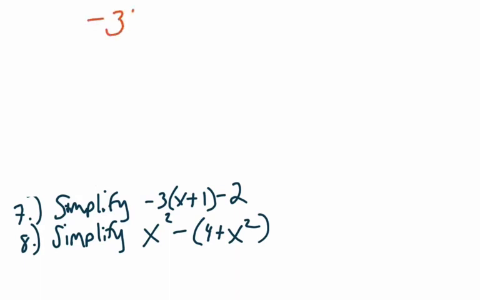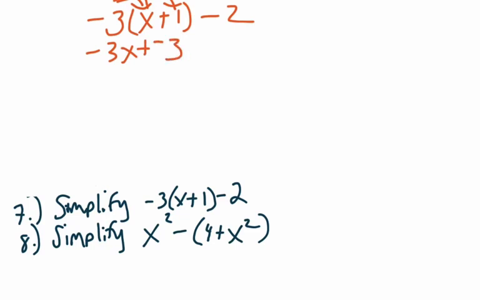So for this first one, we have negative 3 times x plus 1, and then we have minus 2. So when I go to distribute, negative 3 times x is negative 3x, negative 3 times 1 is negative 3, and then I'm going to change this over to plus negative 2 just so that we're uniform.